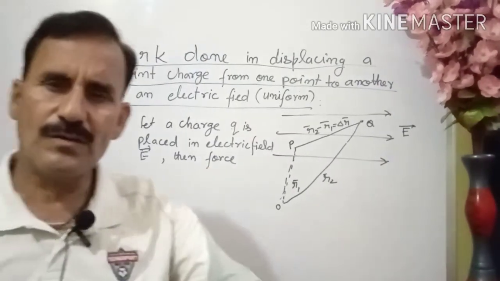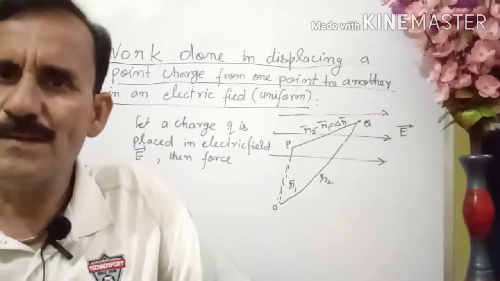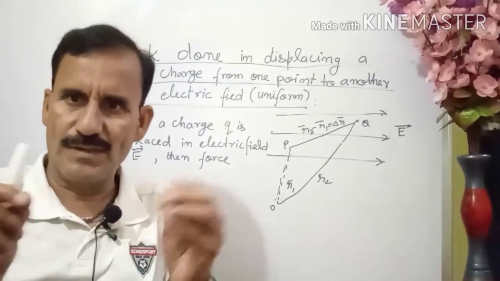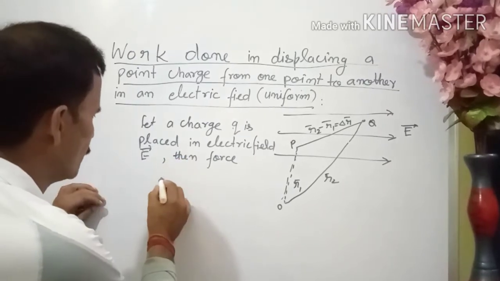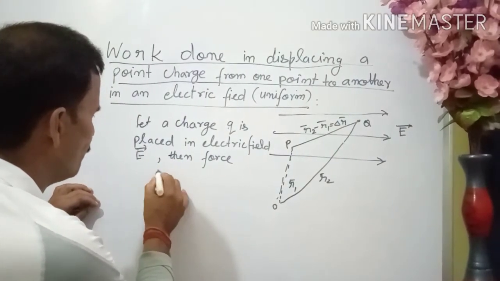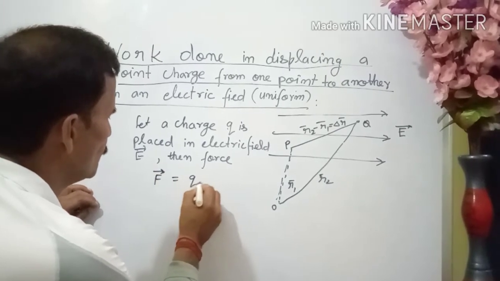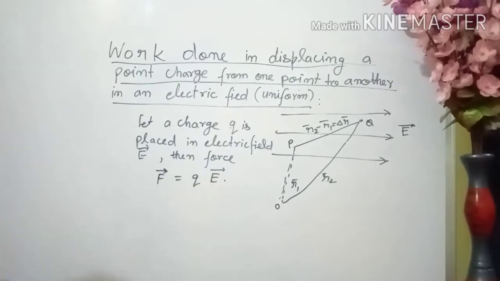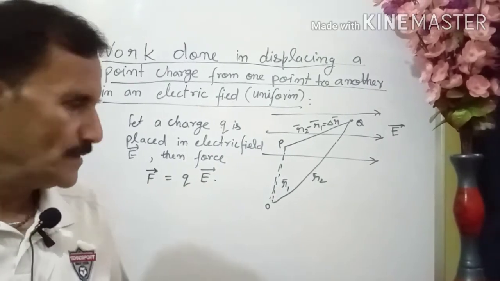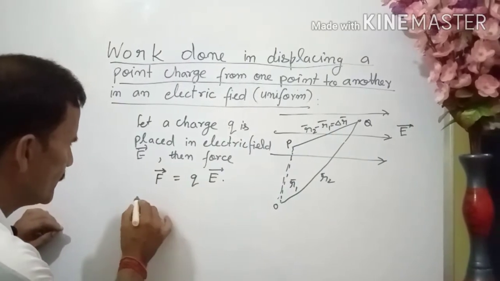So first we are going to find the force and then we are going to find the work done by multiplying with the displacement. So then force F is equal to Q into E. It is coming from the definition of electric field intensity. And what is displacement?